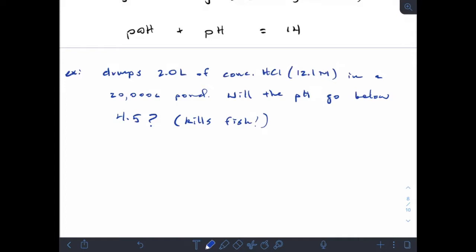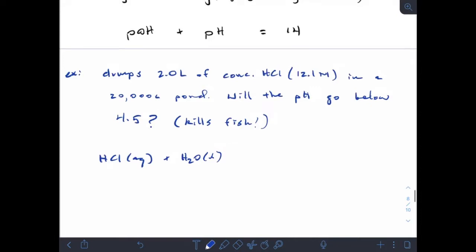Okay, so let's take a look at our ionization equation. HCl aqueous plus liquid water. HCl is a strong acid, so the only thing that it does is come apart. So I use a single-headed arrow, right?